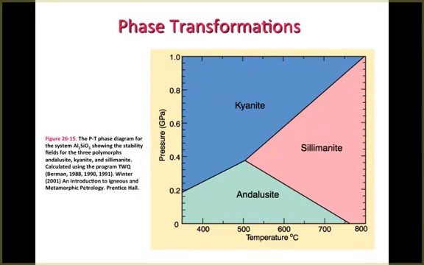What you're essentially seeing is that Al2SiO5 is stable in these polymorphs, and the diagram shows the PT conditions where each of those polymorphs is stable.